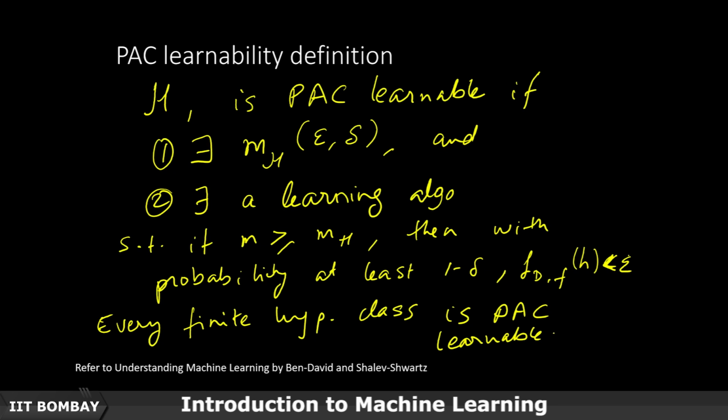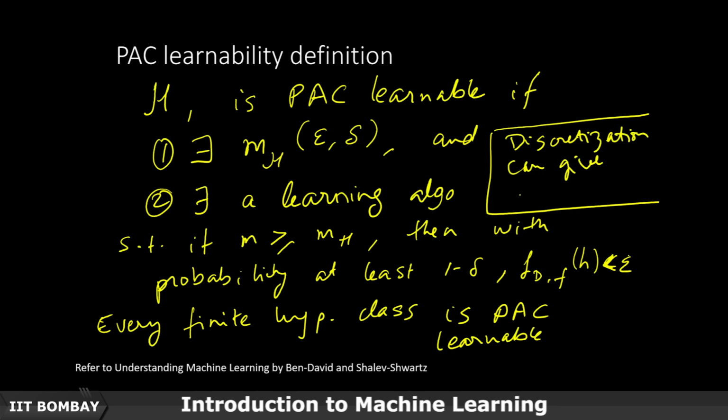So the finite hypothesis class could be a limiting assumption, but if you think about, for example, thresholds, these are not finite hypothesis classes. We can make any infinite hypothesis class into a finite class by using discretization. So discretization can lead to finite hypothesis classes. However, we would like to get rid of this finite hypothesis class assumption.